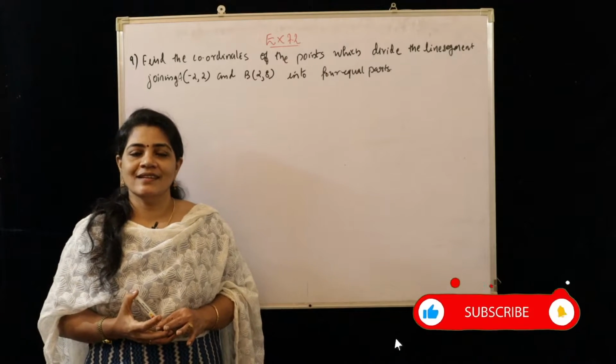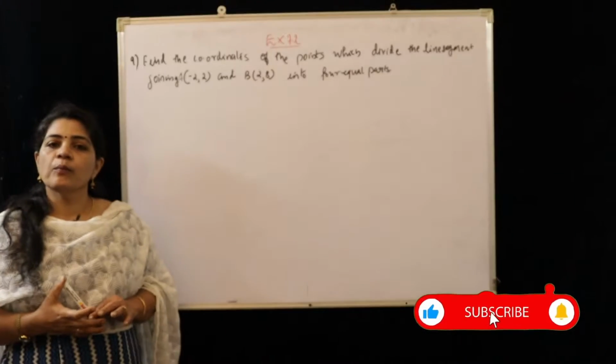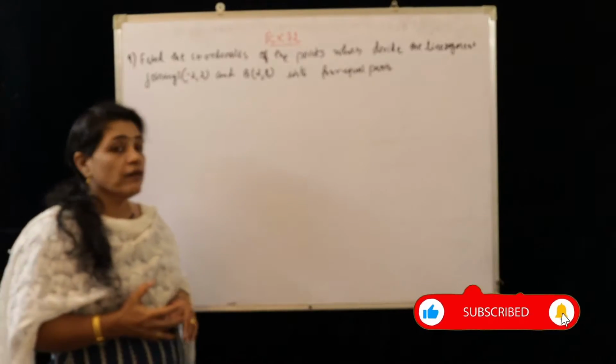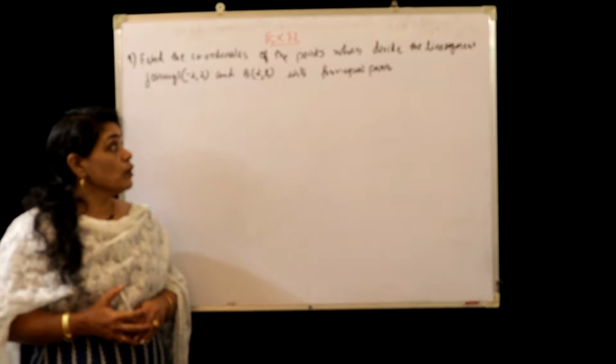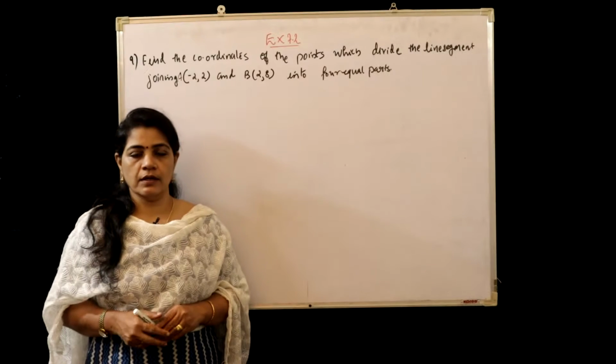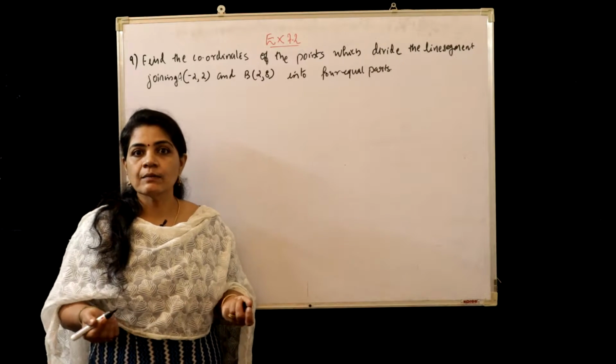Now the 9th question. Find the coordinates of the points which divide the line segment A of (2, -2) and B of (2, 8) into 4 equal parts. It's a very simple question, children.